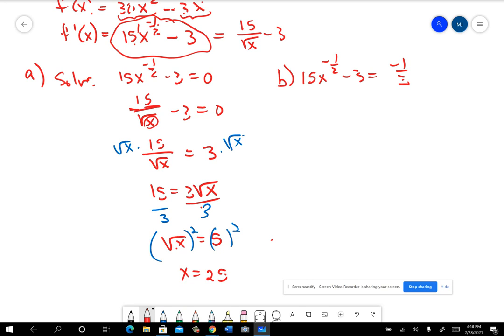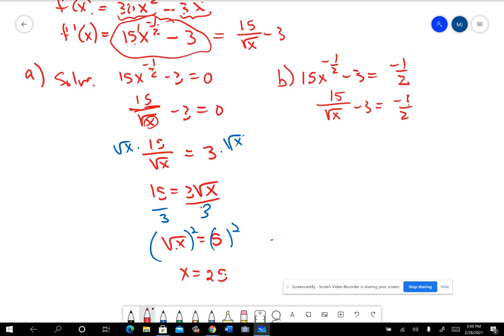The second part is going to be just for you to do the same thing, but put it equal to negative 1/2. So let's see, we're going to go in here, and you might first change it to the radical if you hadn't already.